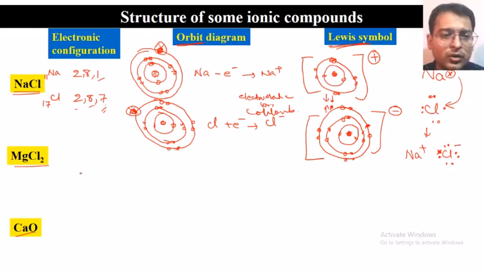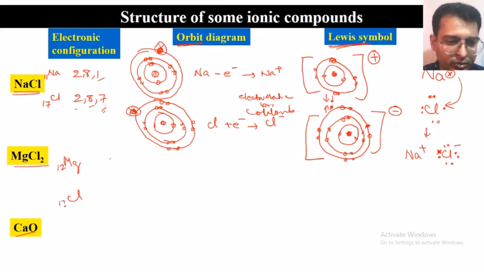Now let us see, for example, magnesium chloride. Magnesium has atomic number 12 and chlorine 17, so the electronic configurations are 2, 8, 2 and 2, 8, 7. How many shells will be there? 1, 2, 3, three shells.